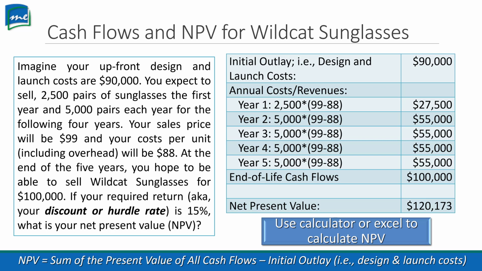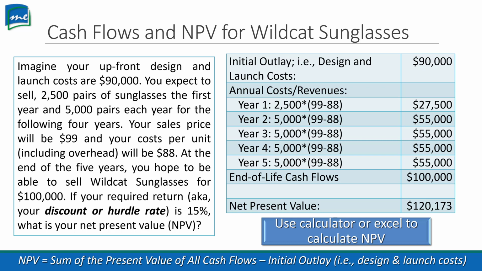If your required return, also known as your discount or hurdle rate, is 15%, what is your net present value, your NPV? So let's look at it. Your initial outlay, your design and launch costs, is $90,000. So we have our annual costs and revenues.